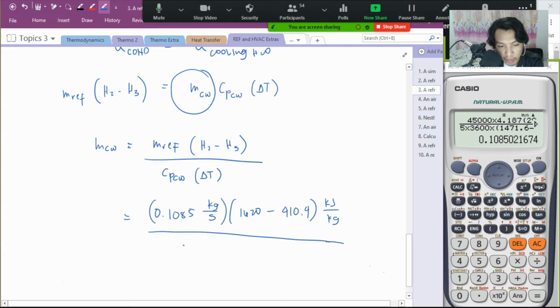Tapos yung CP ng water same lang naman 4.187 kilojoule per kilogram degree Kelvin. And then you multiply that to delta T na 7 Celsius degree or degree Kelvin na lang.